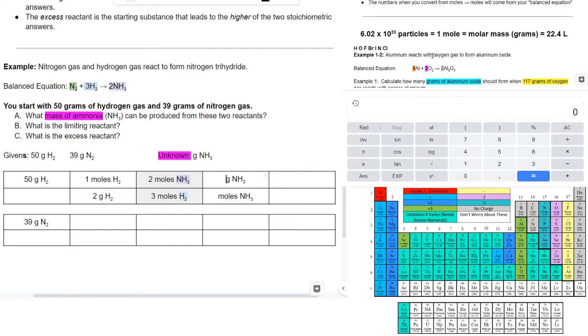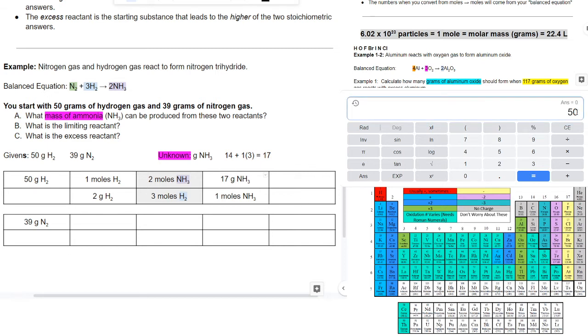With grams and moles, not moles over moles, we're back to using this conversion factor, which means for moles it's just 1 again. We are going to need the molar mass of NH3. Nitrogen is 14. Already said hydrogen is 1. There's 3 of them in NH3. So that's 17 grams. And so that's our stoichiometry setup.